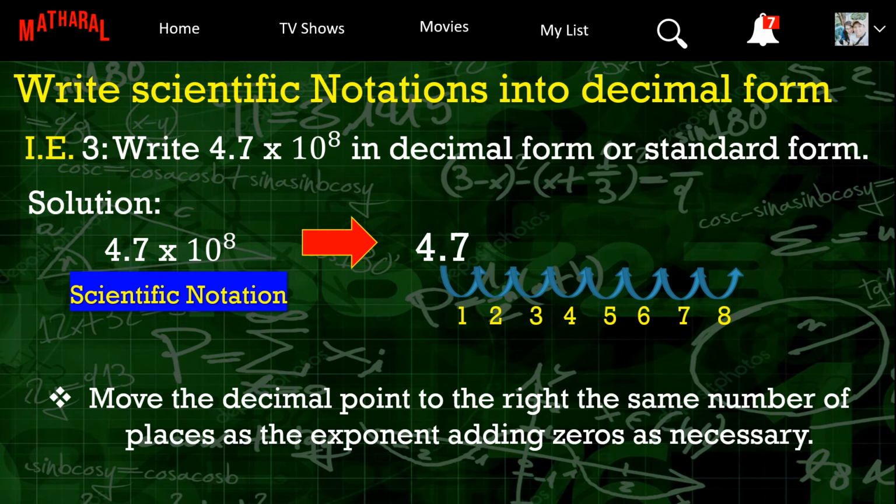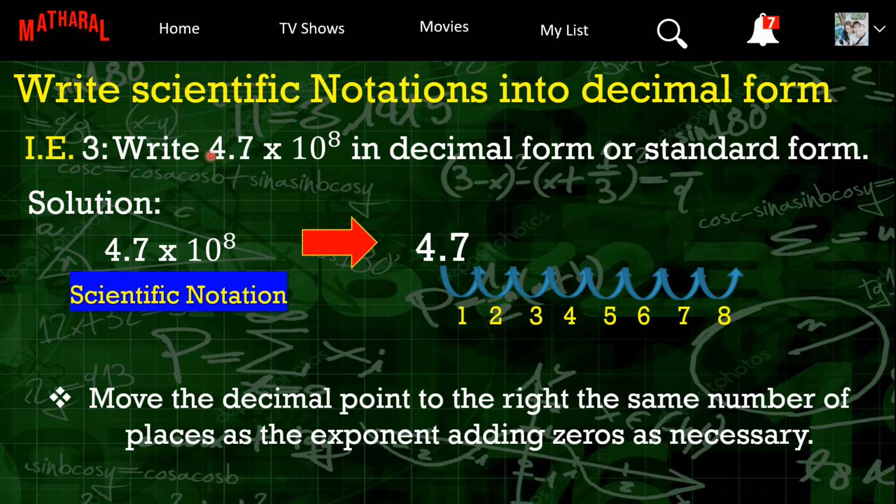In our first and second examples, we were able to express decimal numbers into scientific notation. In here, we're asked to write scientific notation into decimal form, which we also call standard form. So, for example number 3, we're asked to write 4.7 times 10 raised to 8 power in decimal form or standard form.